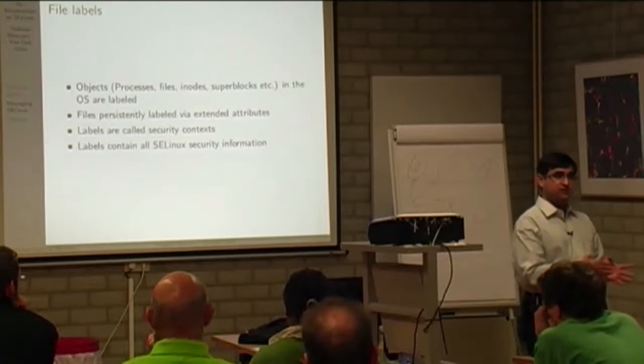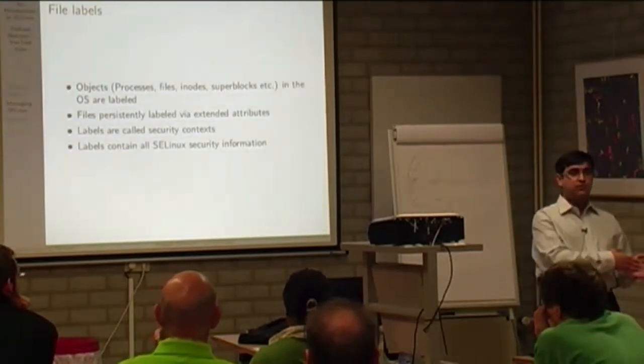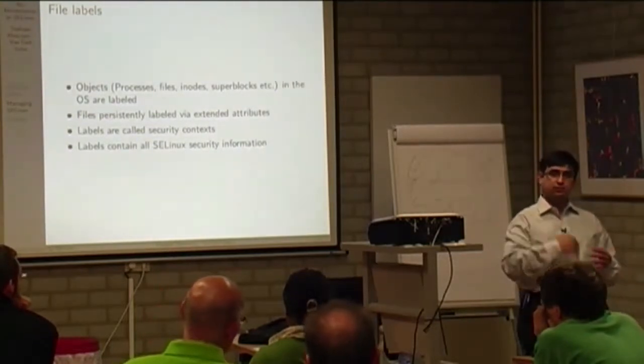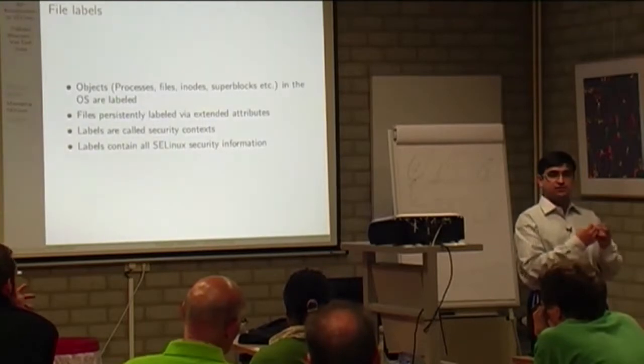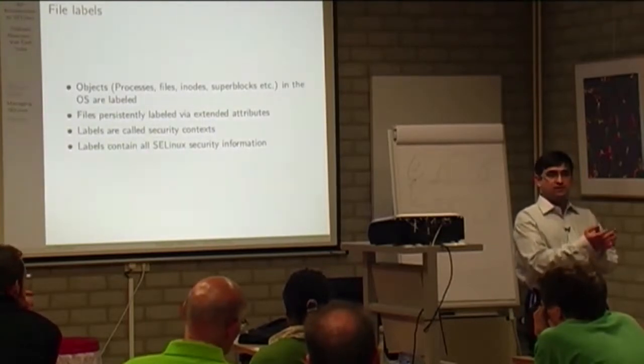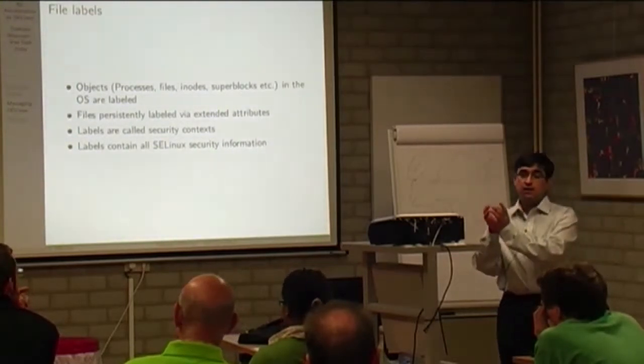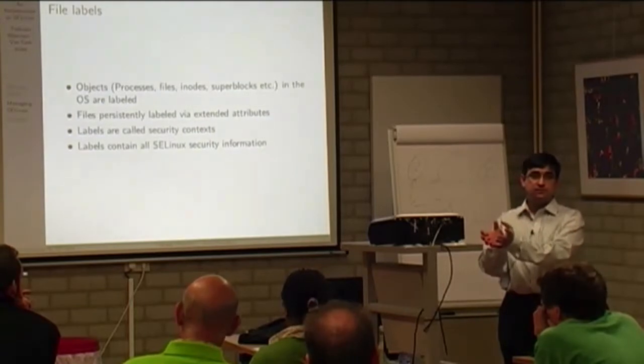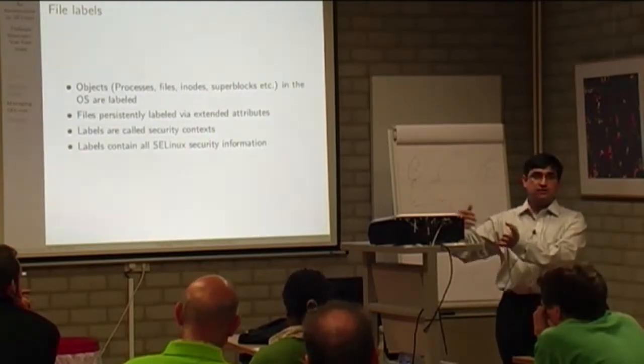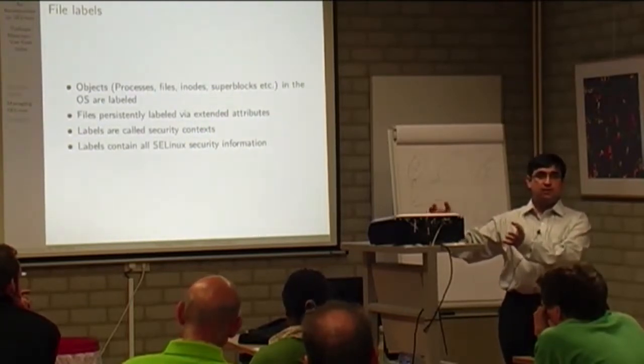If you move a file from a certain type to a different one, so when you create a file, it gets a certain label. Let's say I created it in my home directory, it gets a home type label. I move that file to my web environment, so in var www HTML, for instance.